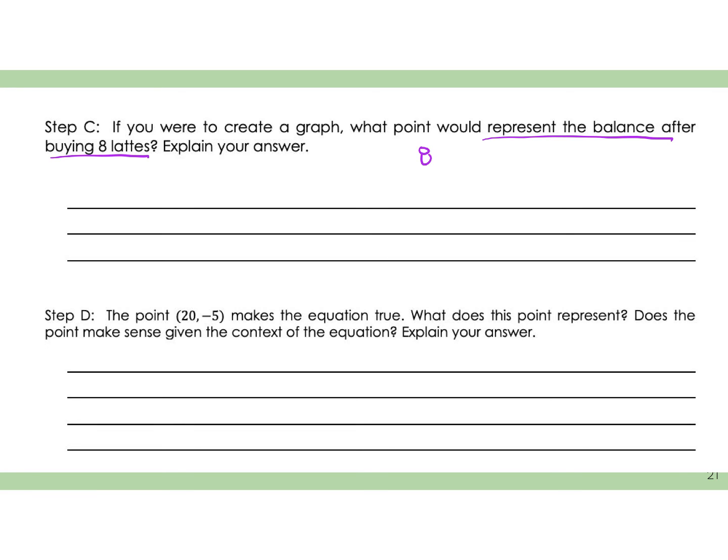So if I had 8, and then it's 35 minus 2P. So if I have 35 minus 2 times 8, that's 35 minus 16. That would be 19. So what point would represent the balance? Okay, so (8, 19) is the point.